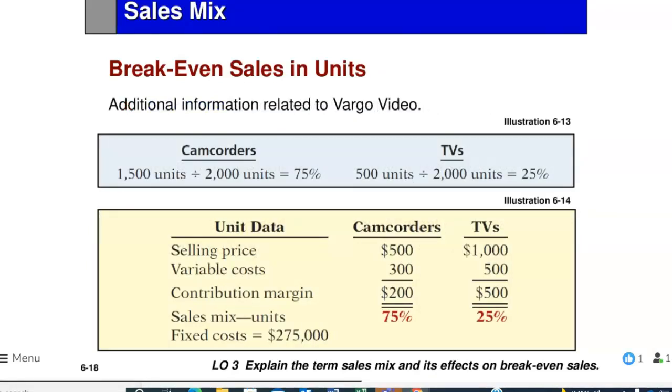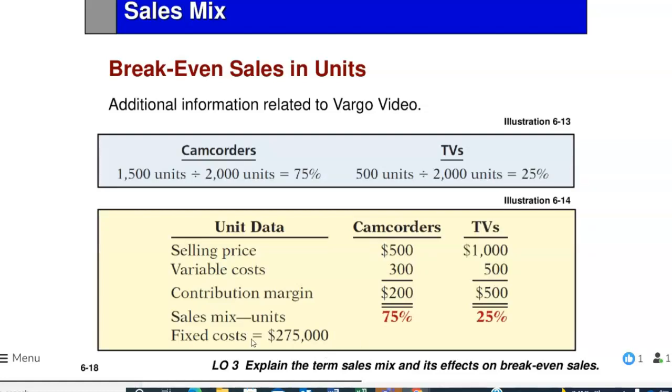The sales mix of camcorders and TVs is 75-25. Camcorders have a selling price of 500, variable cost of 300, so contribution margin of 200. TVs have a selling price of 1,000, variable cost of 500, contribution margin of 500. And the fixed cost, as I said, 275.